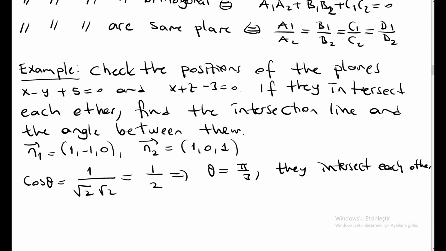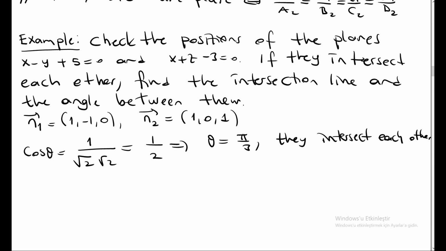Okay? So now the question, find the intersection line. We already know how to find this intersection line. Either you can find two points, or you can solve the equations together, or you can find the normal vector. So I will choose to solve these together. So x minus y equals negative 5, x plus z equals 3.